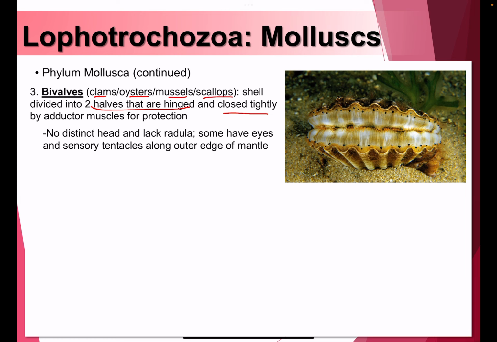And they're halved at the lateral side of their body. If you have taken human anatomy before, we have adductor muscles in our thighs for closing our thighs. Same thing here. They're trying to close their shell very tight against any predators or danger. So that's why they have these adductor muscles that will contract really tightly to close up the shell.